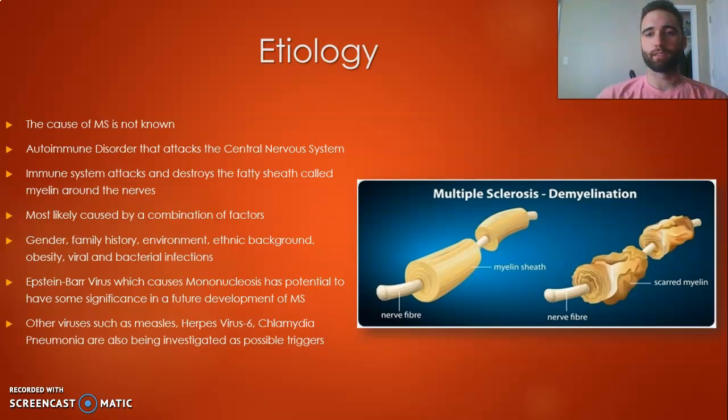In several recent studies, it's been shown that there is a correlation between someone who is infected with Epstein-Barr virus and has mononucleosis and a future development of MS. So it increases the likelihood of developing MS. And then you have other viruses such as measles, herpes virus 6, chlamydia, pneumonia also being investigated.